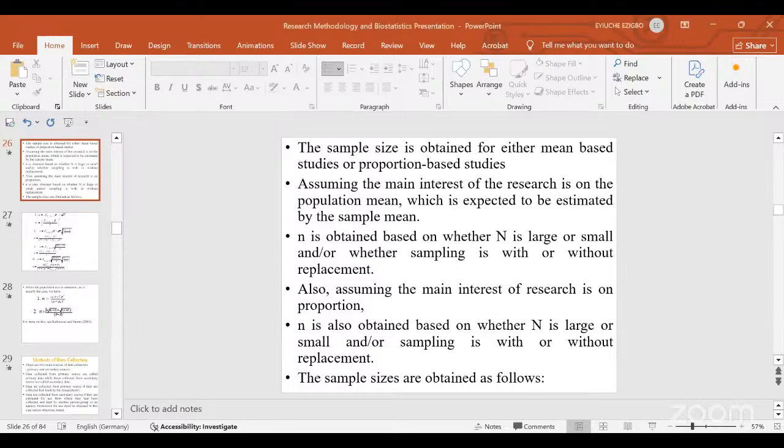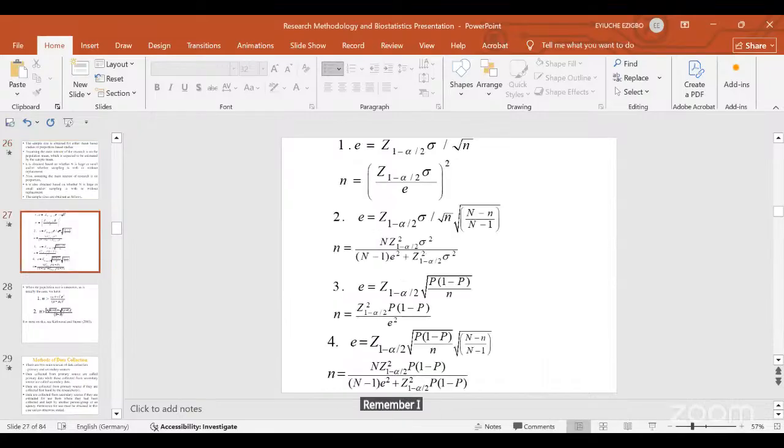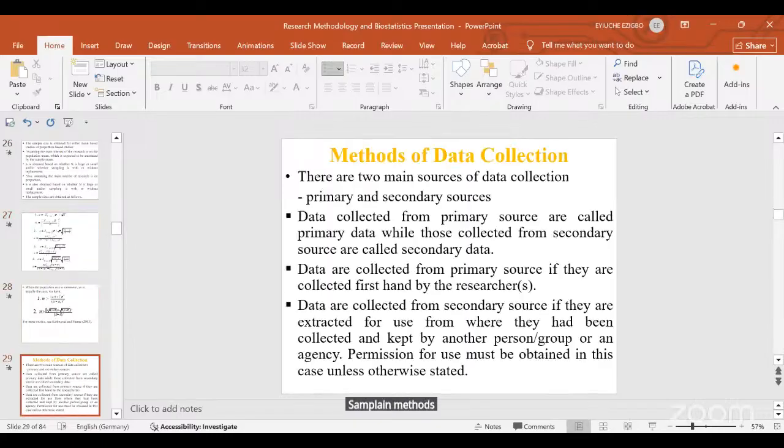So at this point, when we have conducted the sampling, it is for us to collect information, for us to collect data.